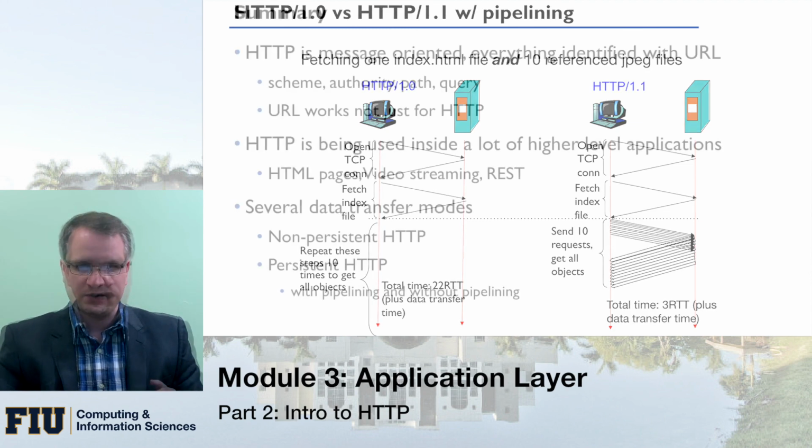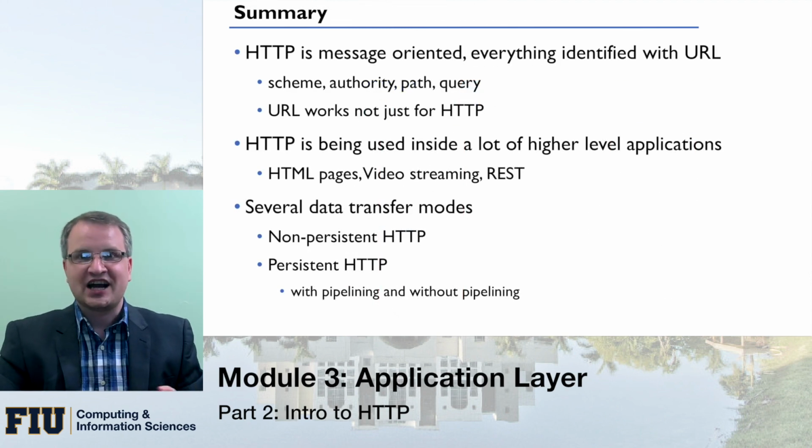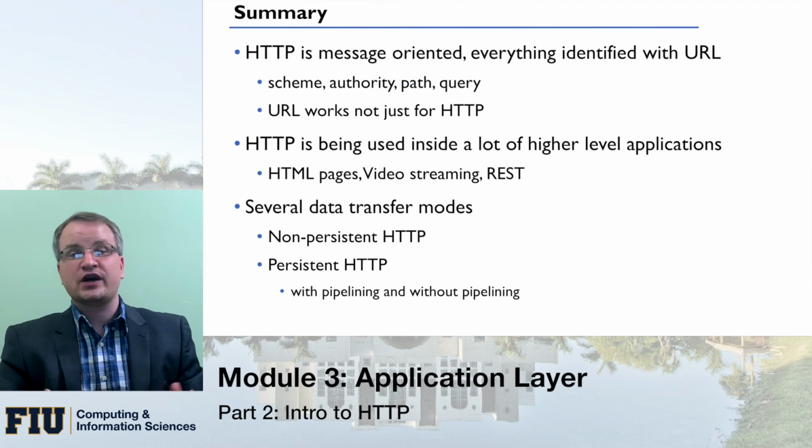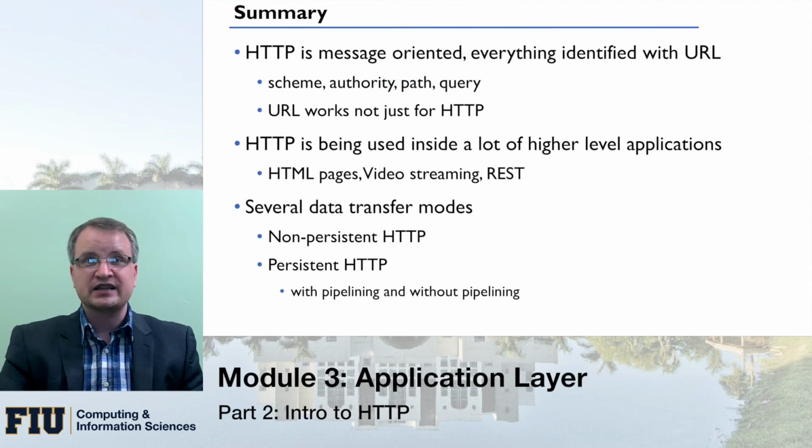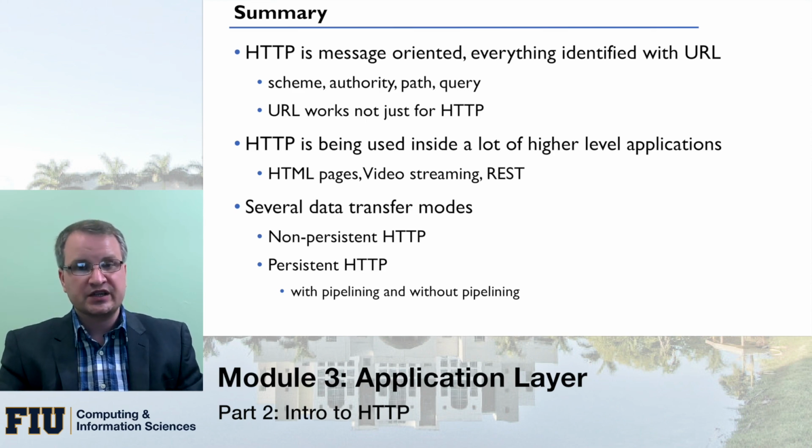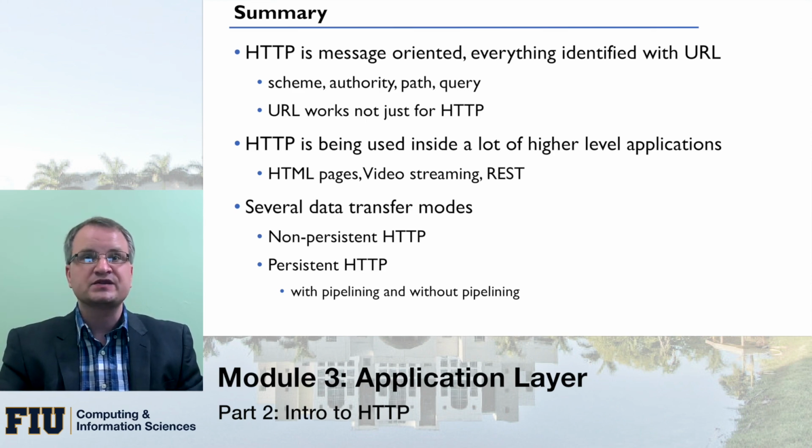So to give you a high-level summary of what you just learned, I hope you got a good grasp of HTTP. HTTP by itself is a very content-oriented, or message-oriented, protocol where you always have a URL.